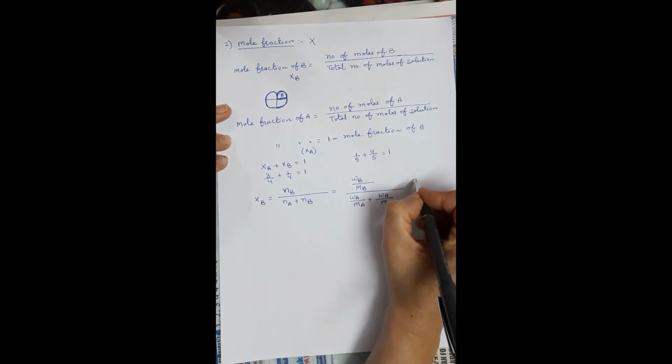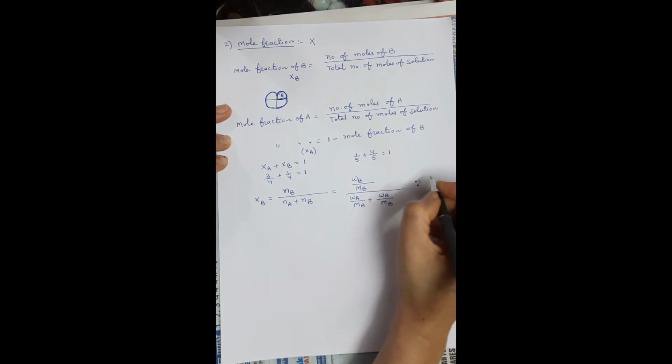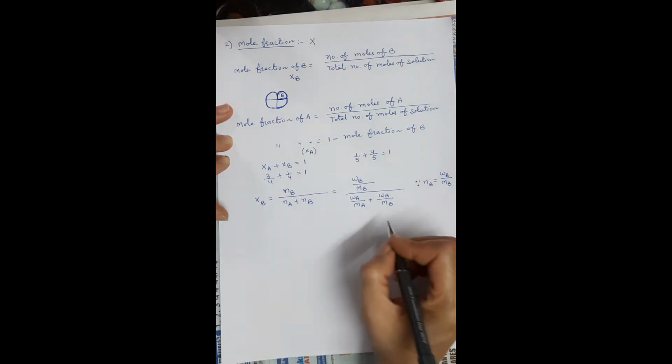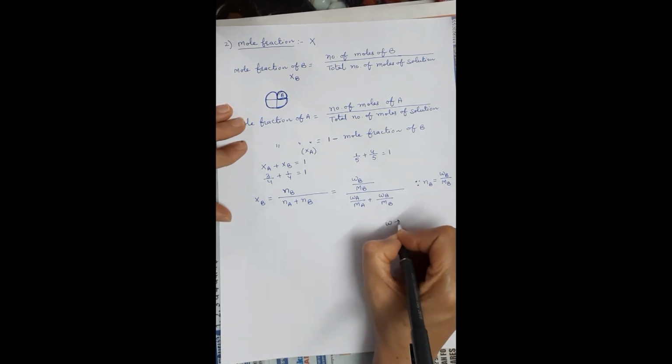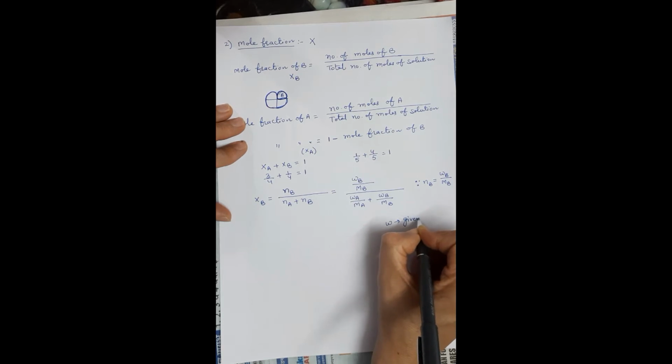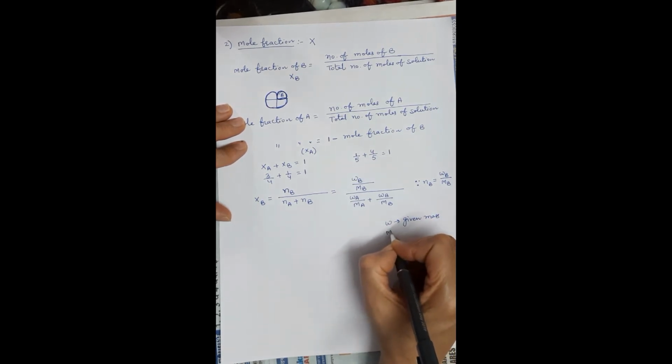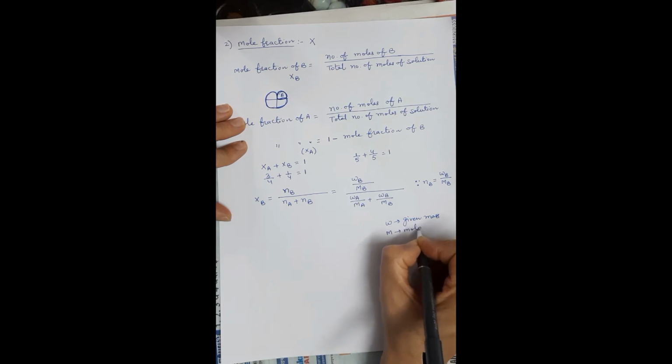Why am I writing so? Because the number of moles of B is equal to the given mass of solute, that is WB, divided by the molar mass, which is represented by MB for solute. So remember this, W is for given mass and M is for molar mass.